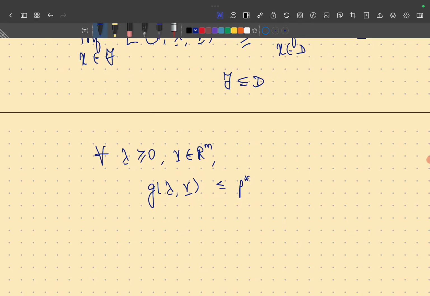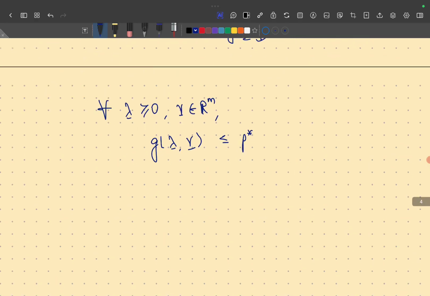So what's the way of getting the best possible or the closest lower bound? Supremum over nu is fine, but lambda is again constrained. Fine, that's okay. But if I look at the supremum over all lambda greater than or equal to 0 and nu in R^m, g(lambda, nu), this is going to be less than or equal to p star.